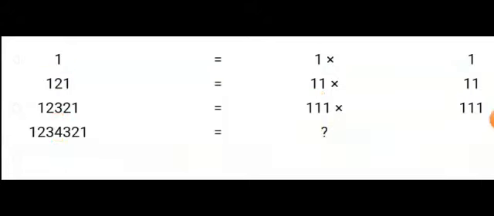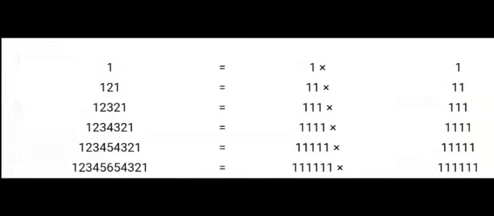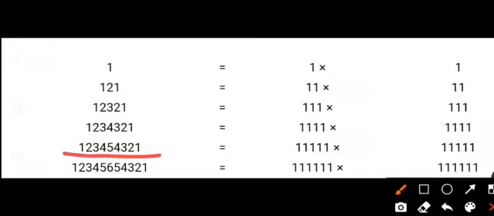You can check your answer from here. This is the 5th step. Then the next step will be like this. At the center 6. Then 5, 4, 3, 2, 1. Left hand side 5, 4, 3, 2, 1. Like this you have to understand the pattern and complete it.